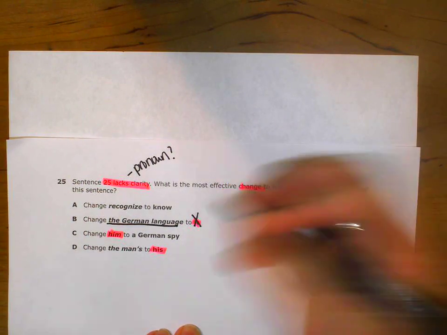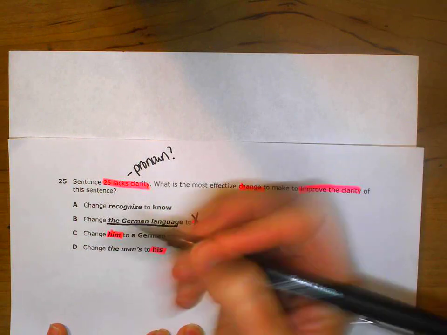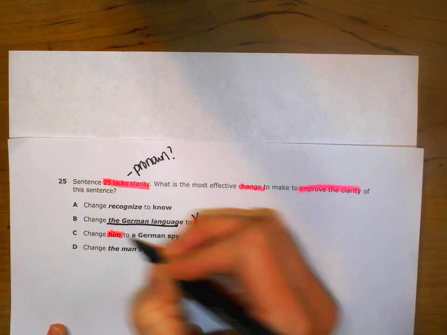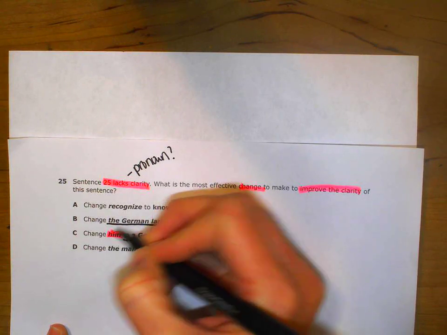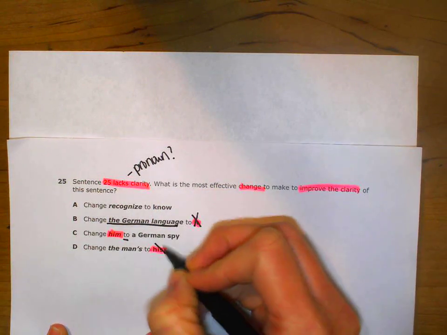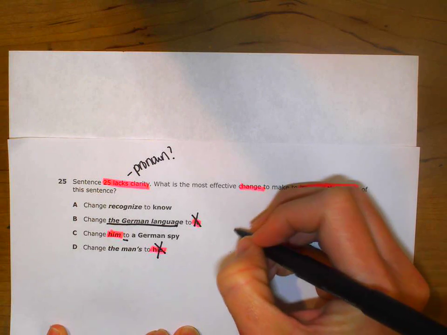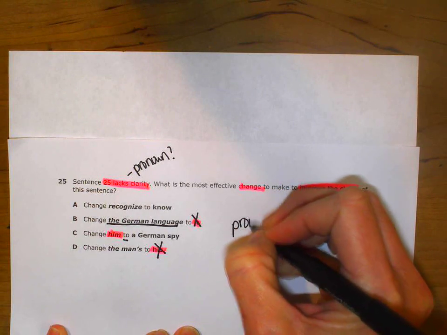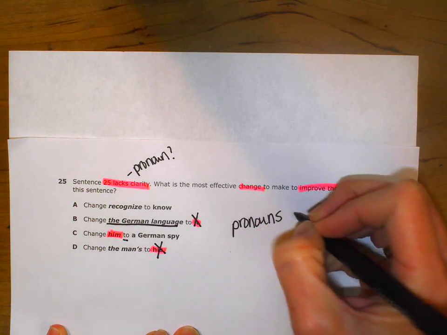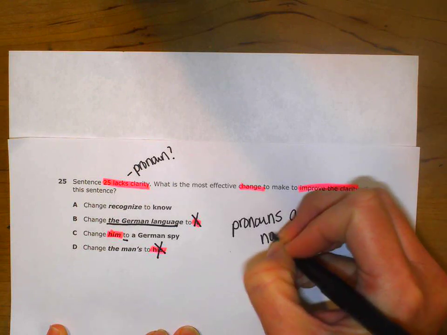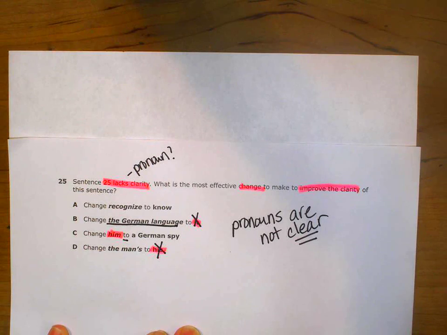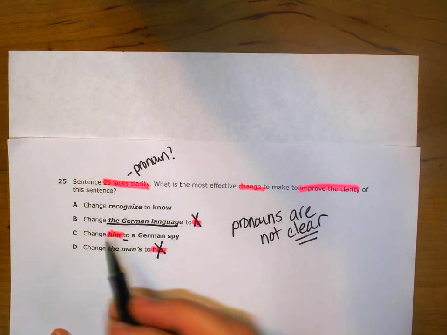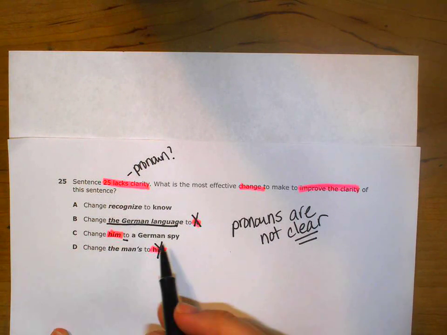We want our pronouns to be on this side of the word to. We want to change a pronoun to something else. So pronouns are not clear. Okay? So we don't want to change something to a pronoun. We want to change a pronoun to a noun.